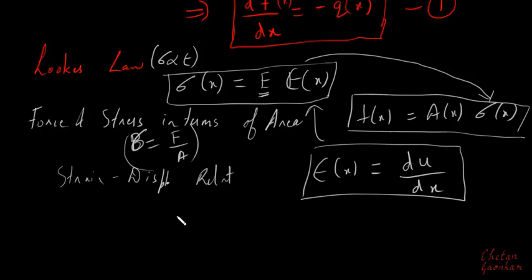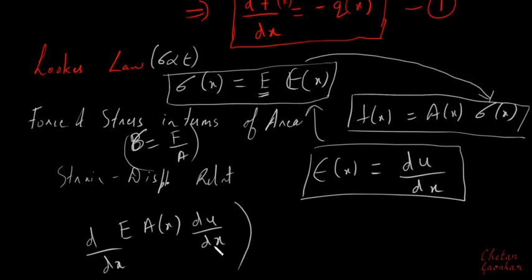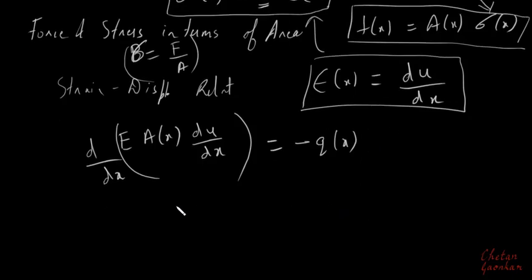So f of x from this equation we will get as E times A of x multiplied by strain, that is du by dx, and this should be equal to minus q of x, wherein q of x is the distributed load.